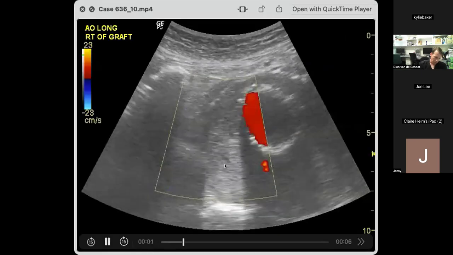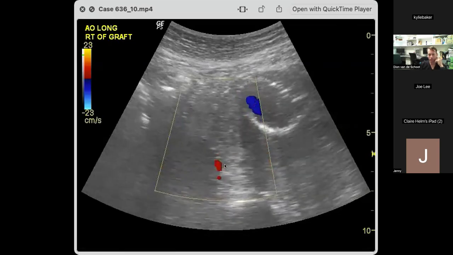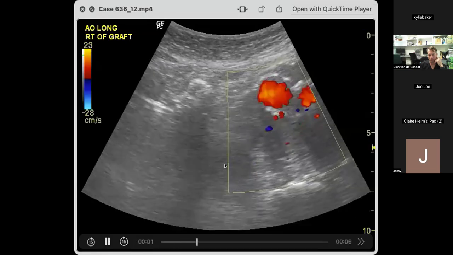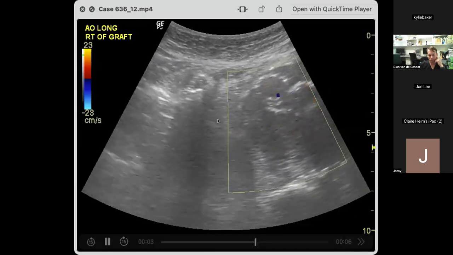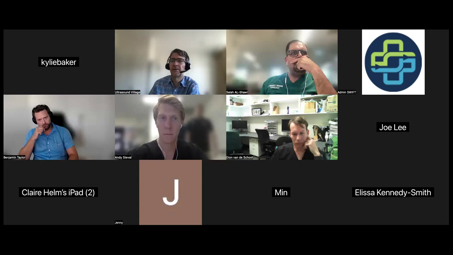I think that's the main. That's not so great, but yeah, we could actually sort of see a little bit of the leak on that one.